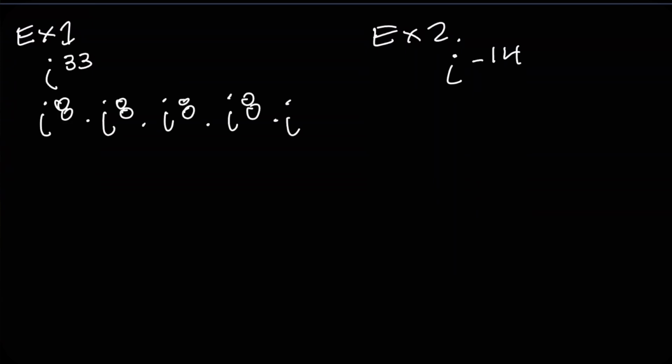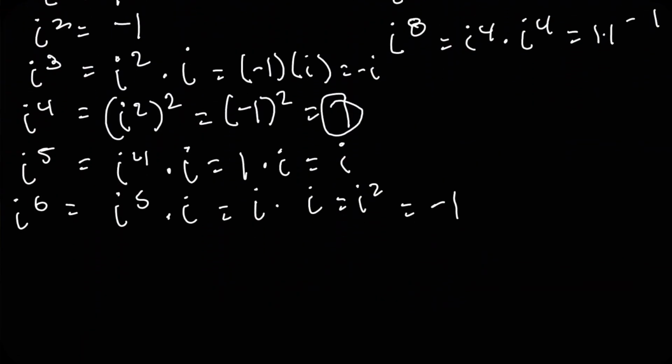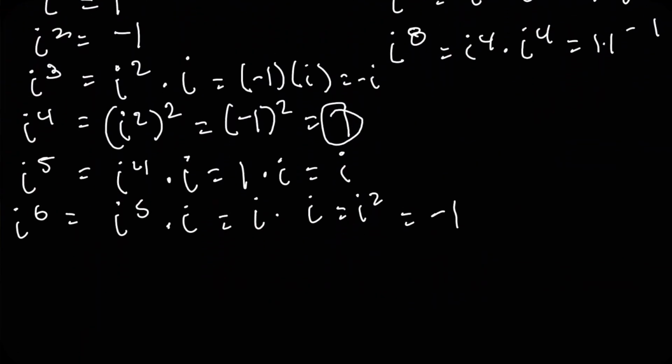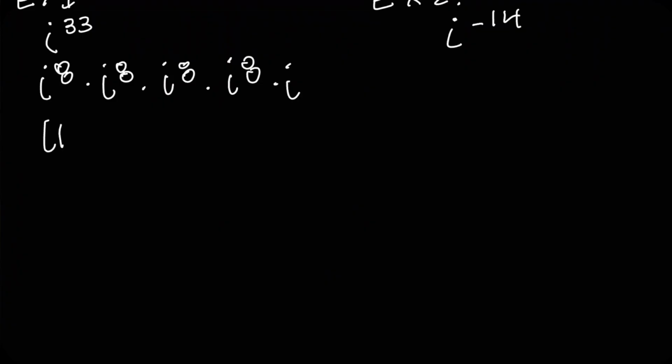If we look up top again, we simplified i to the eighth as just equal to 1. So plugging that in, we have 1 times 1 times 1 times 1 times i, which is just equal to i.